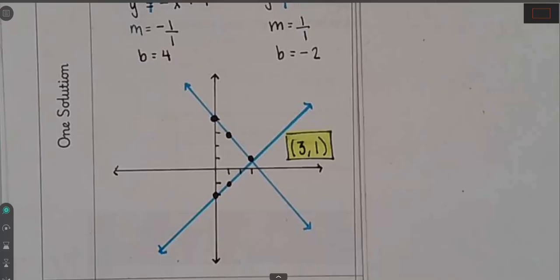It's two lines. Wait, what's your equation for the second one? Y equals negative 2x plus 6. For which one? The top or bottom?